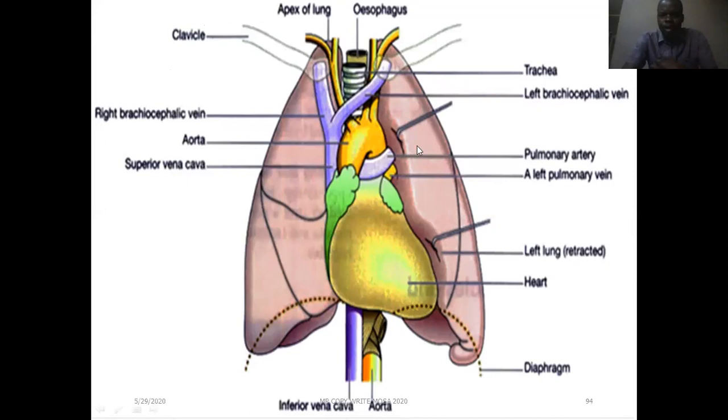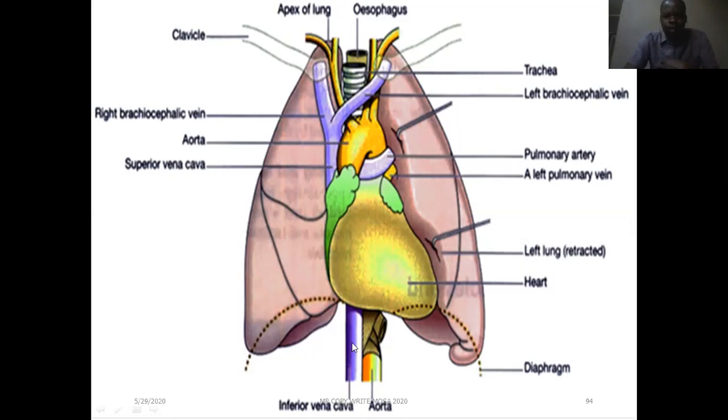We have the pulmonary artery, the left pulmonary vein, the trachea there, the left brachiocephalic vein, and also the right brachiocephalic vein. We have the aorta, the biggest artery in the body. We also have the superior vena cava, providing venous blood return from the superior parts of the body.